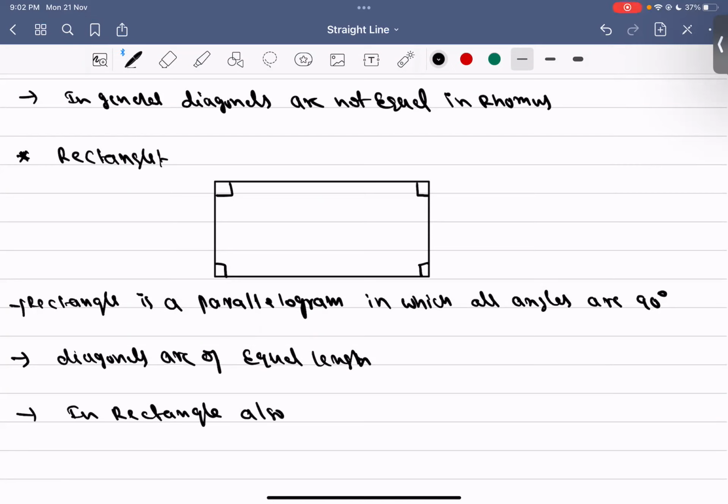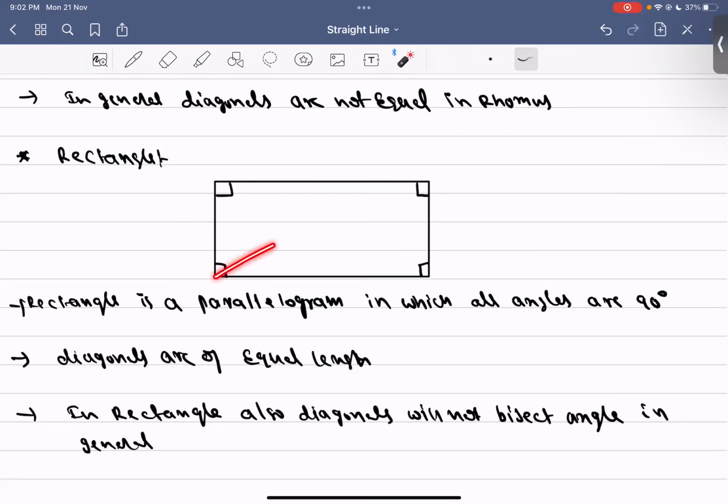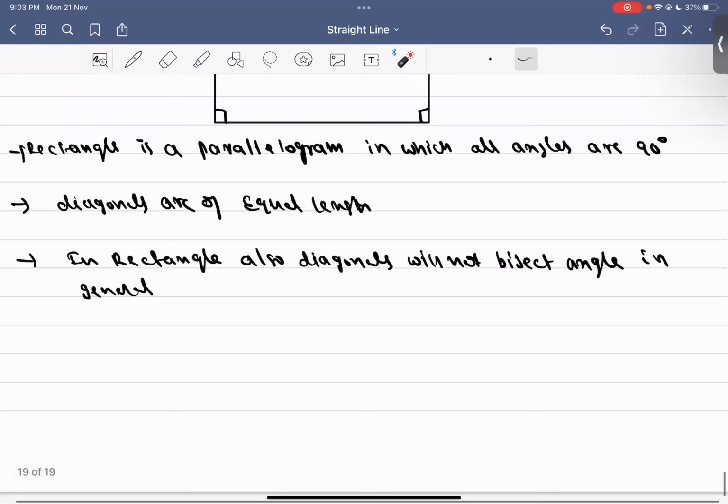Also, diagonals will not bisect the angle, not in general. Here also, these two angles are not the same in a rectangle. So this is about the rectangle.